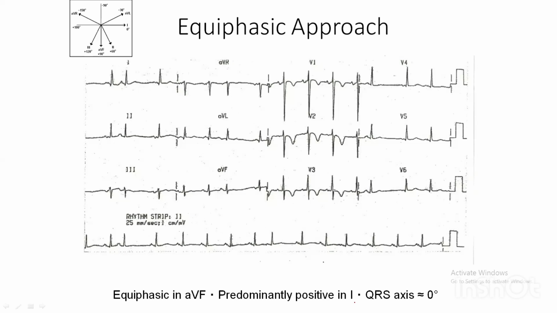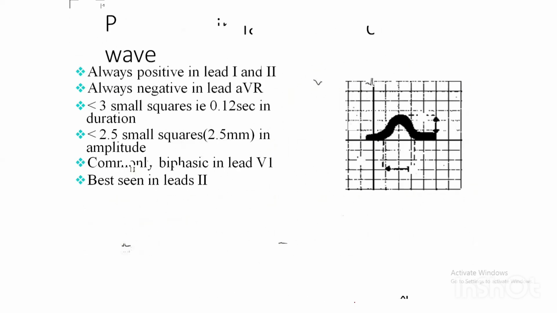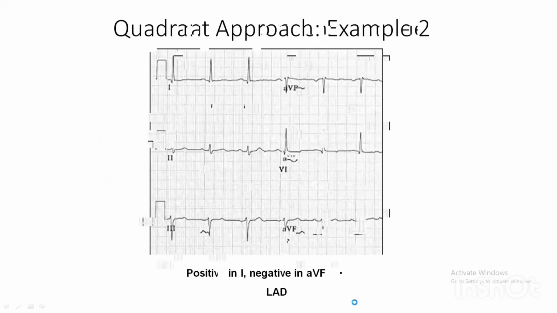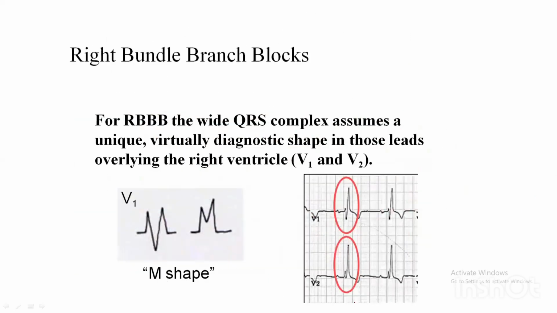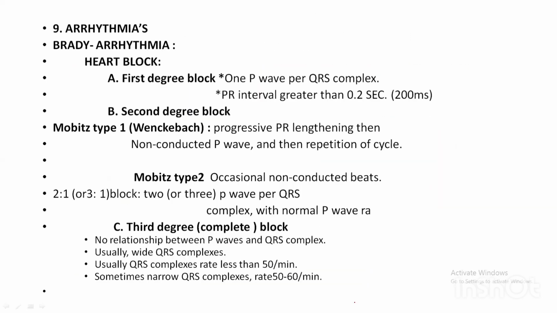If lead 1 is positive and AVF is negative, it is left axis deviation. If lead 1 is negative and AVF is positive, it is right axis deviation. Got it?